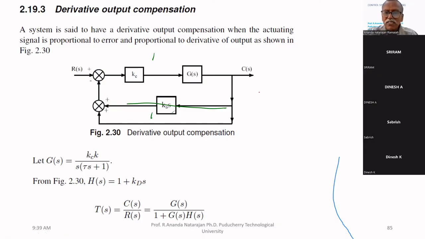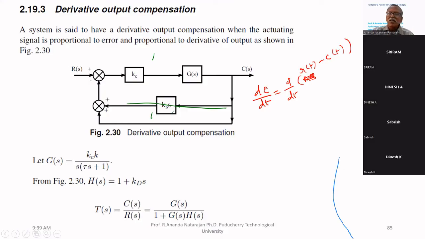Because what is d by dt? de/dt can be written as d by dt of r of t minus c of t. Can I write like that? Because e of t is nothing but r of t minus c of t. Suppose I want to maintain the output always 500 means, what is the change in r?